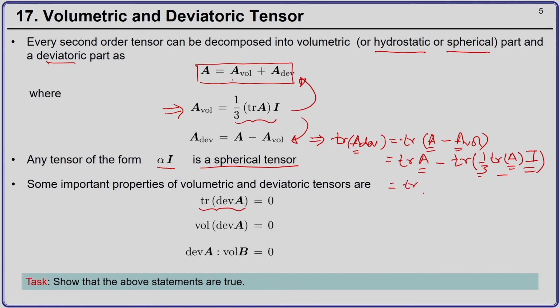So, trace of A minus 1 by 3 trace of A into trace of the second order identity tensor.